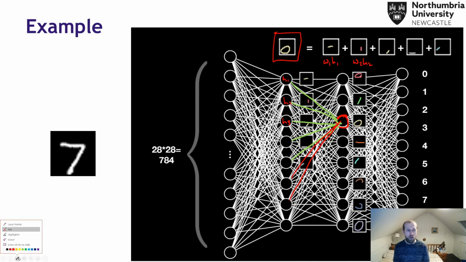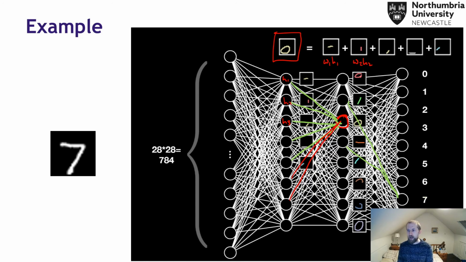So if you remember the number 7, the number 7 is going to be an addition of these features, and the ones that look most like that are this one here and this one here. So these two, the weights here are going to be very, very high. And the weights for the other features are hopefully going to be very, very low.